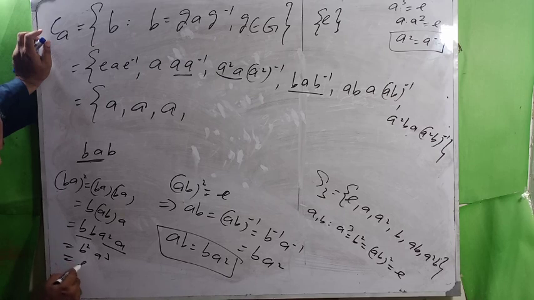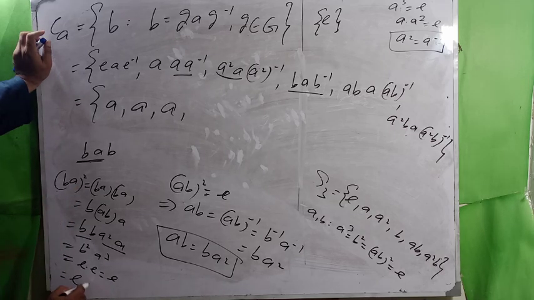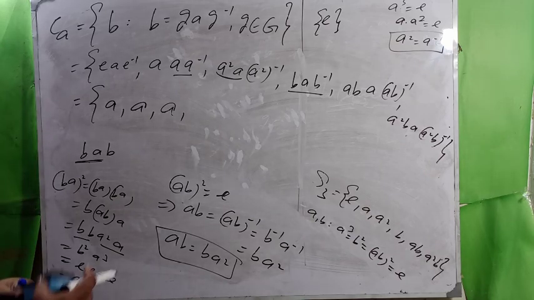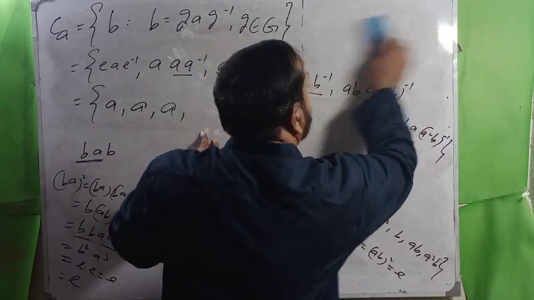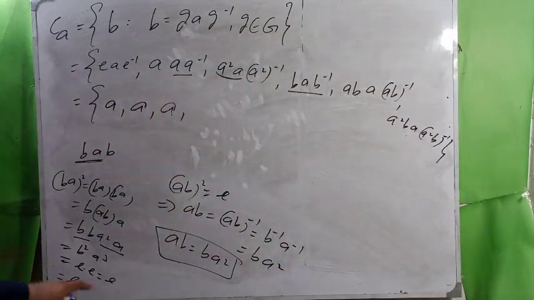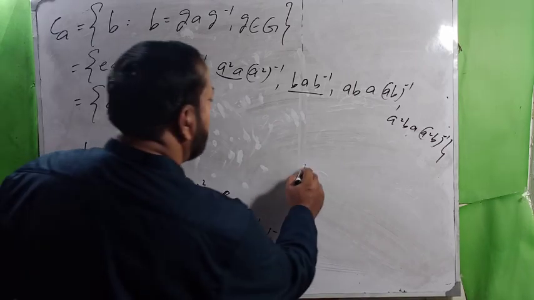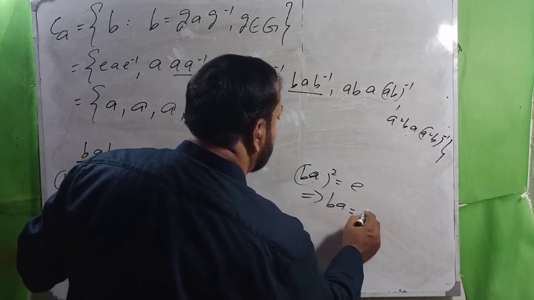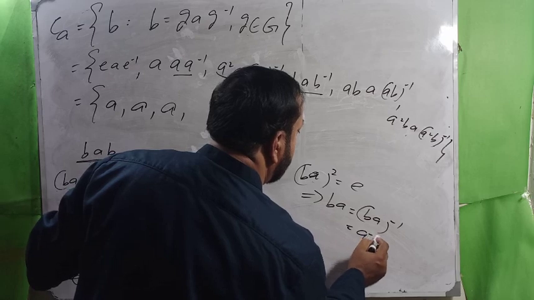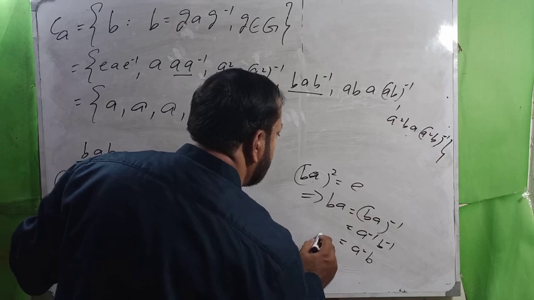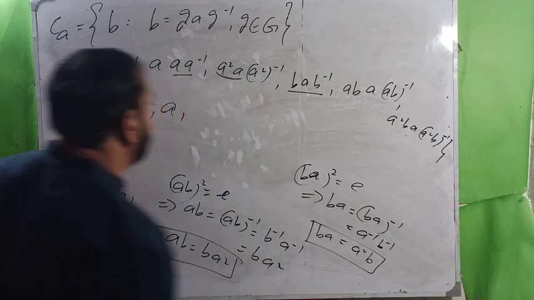This is E. So this means that BA square is equal to E. When BA square is equal to E, this means that BA is equal to BA inverse. This is A inverse, B inverse. This is A square, B. So BA is equal to A square B.